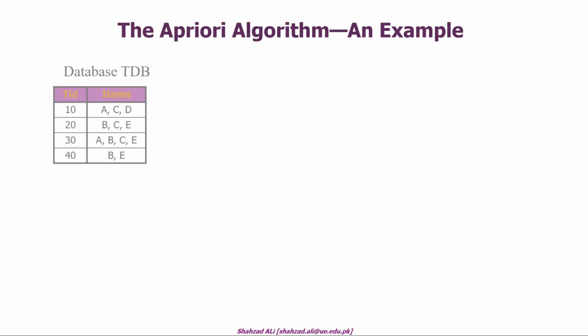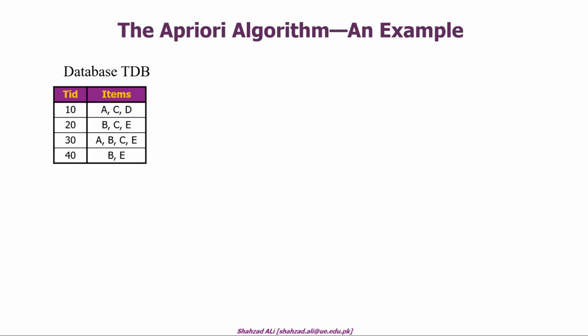So let's understand this working of the Apriori algorithm with an example. Suppose we have a transactional database TDB which contains 4 transactions, and the transaction IDs for these transactions are 10, 20, 30 and 40.